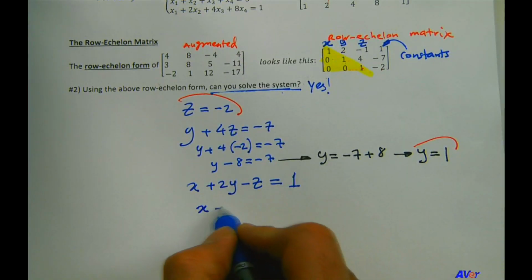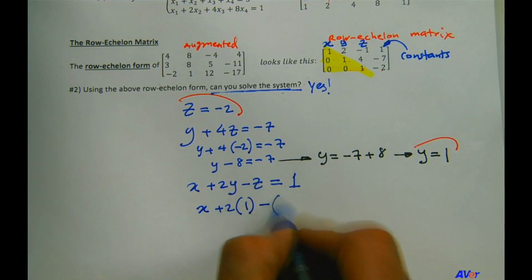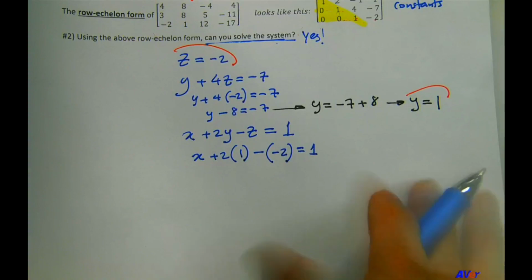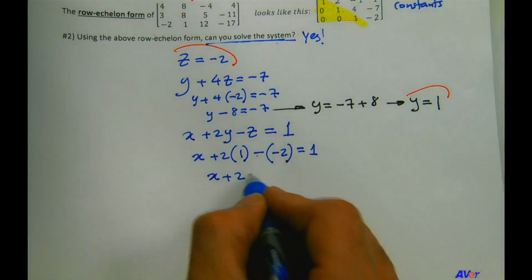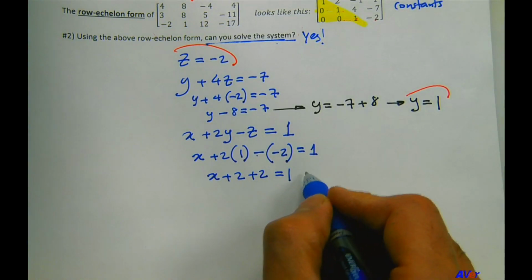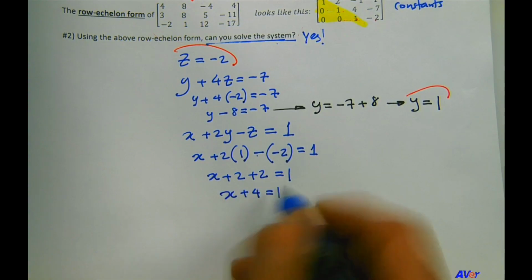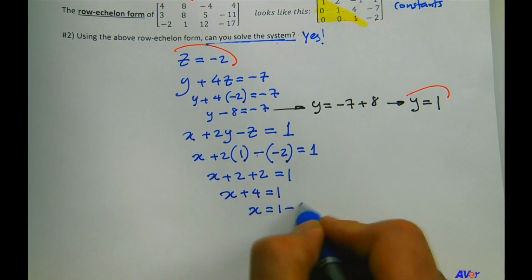So x plus 2 times y, which is 1, minus z, which is minus 2, equals 1. Right? So let's simplify. x plus 2 minus minus 2 is plus 2 equals 1. So we end up with x plus 4 equals 1. And then x equals 1 minus 4.